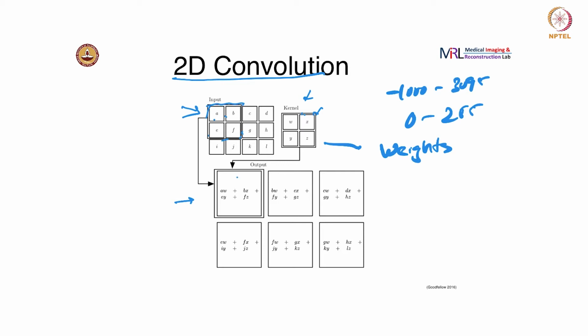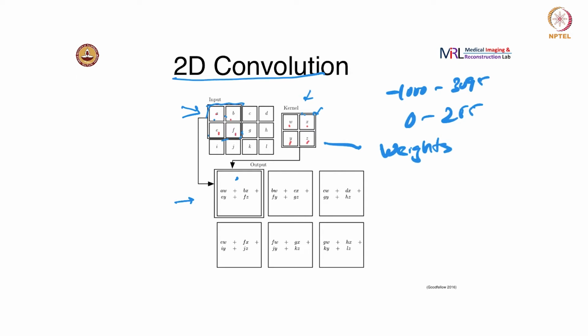So for instance, if you take this particular output unit, a neuron, its value is basically A times W plus B times X plus E times Y plus F times Z.